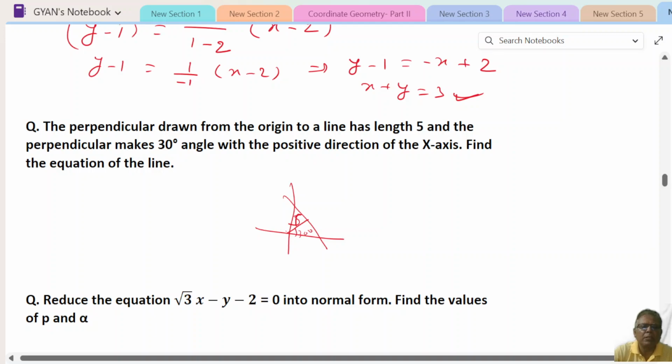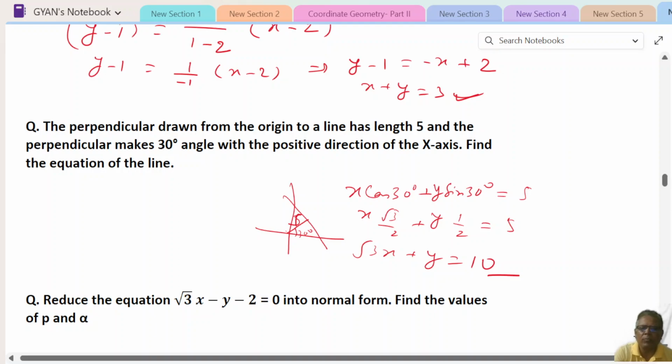So x cos 30 degrees plus y sin 30 degrees is equal to 5. Cos 30 degrees is root 3 by 2, and sin 30 degrees is 1 by 2, so that is equal to 5. That means root 3 x plus y is equal to 10.